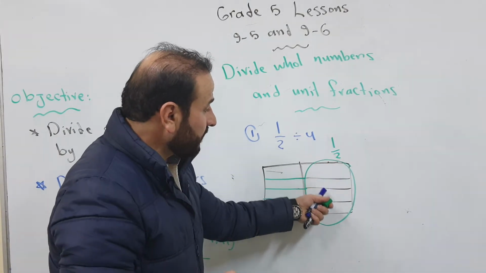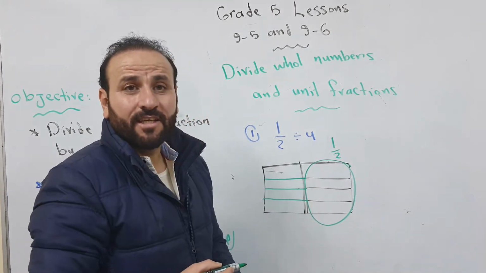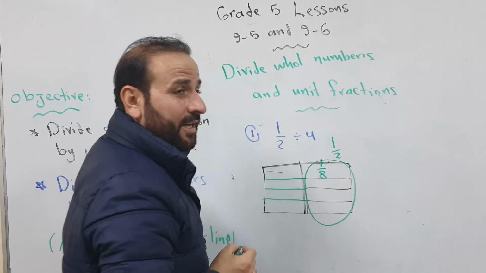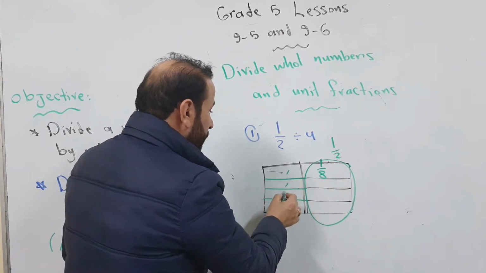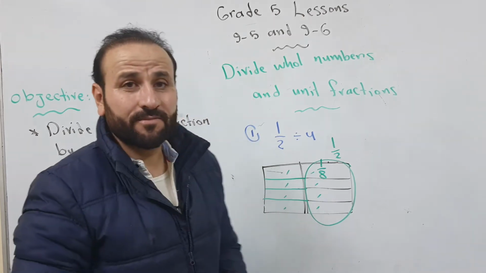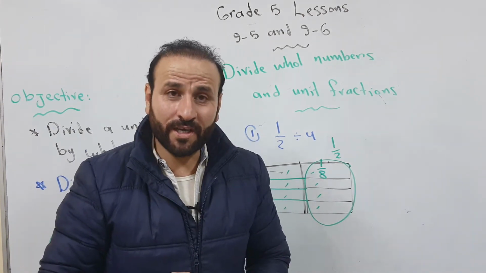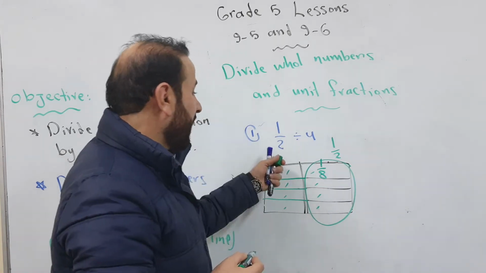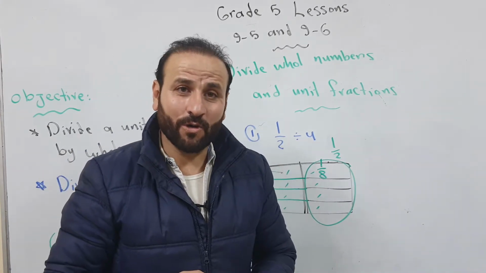So each part represents 1 over 8 of the whole pizza, because we have 1 part, 2, 3, 4, 5, 6, 7, 8. In this way, we understand how we divide a unit fraction by a whole number.